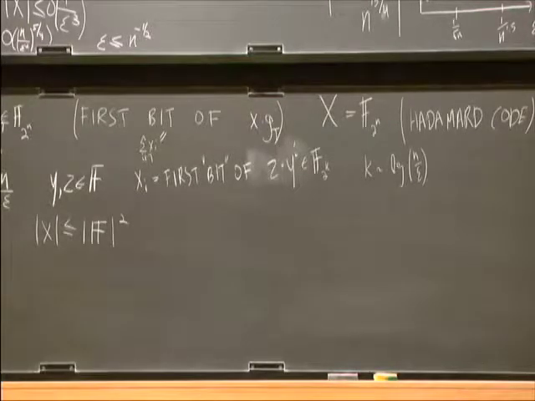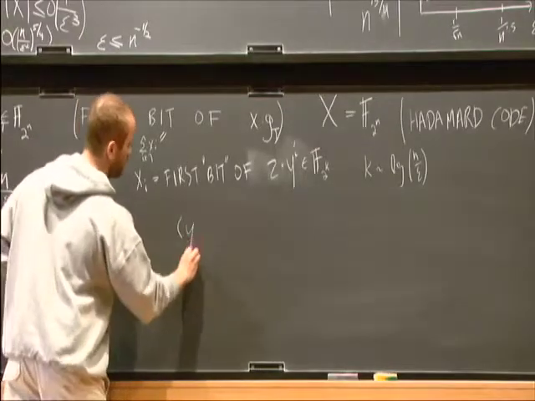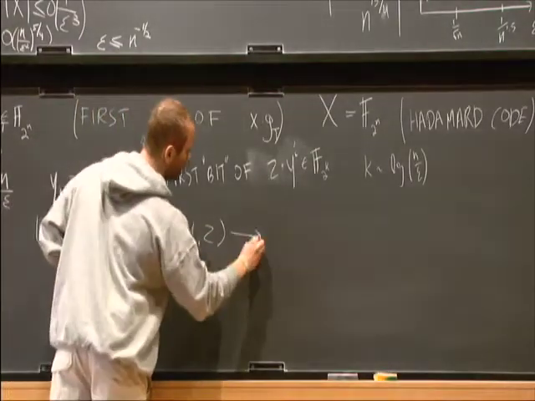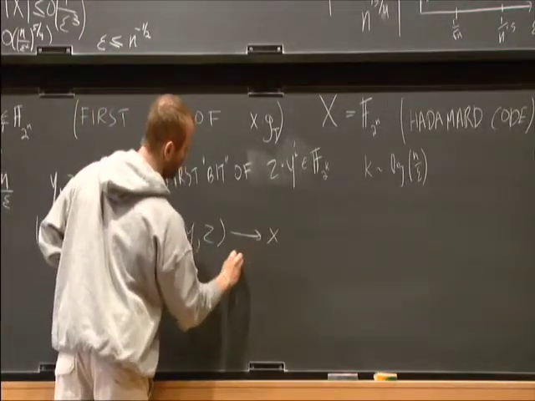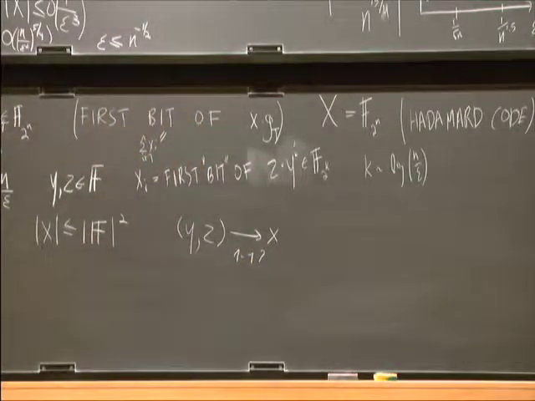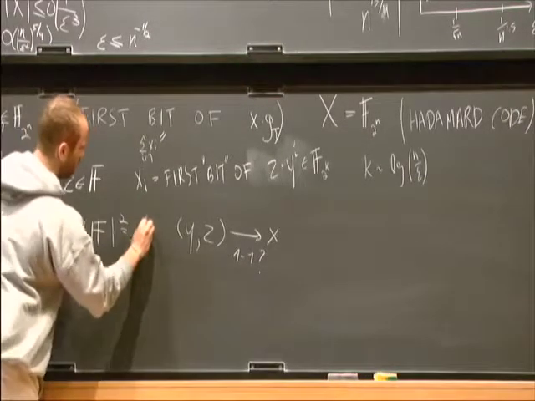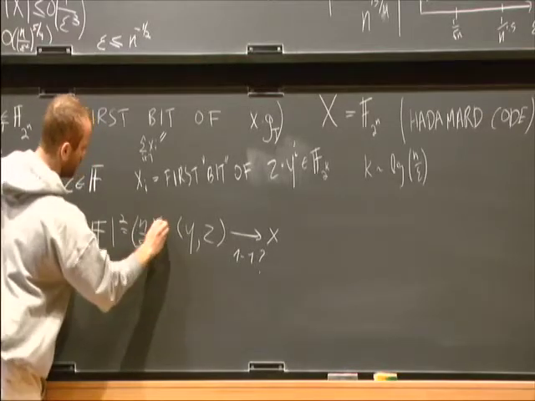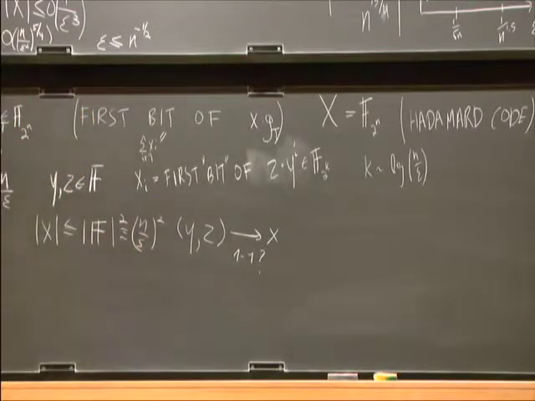What Alexandra asked, as far as I understand, is whether this map is one-to-one. But let's just ignore this. It's not. So this is a construction, and the size of this construction is n over epsilon squared up to constant factors.